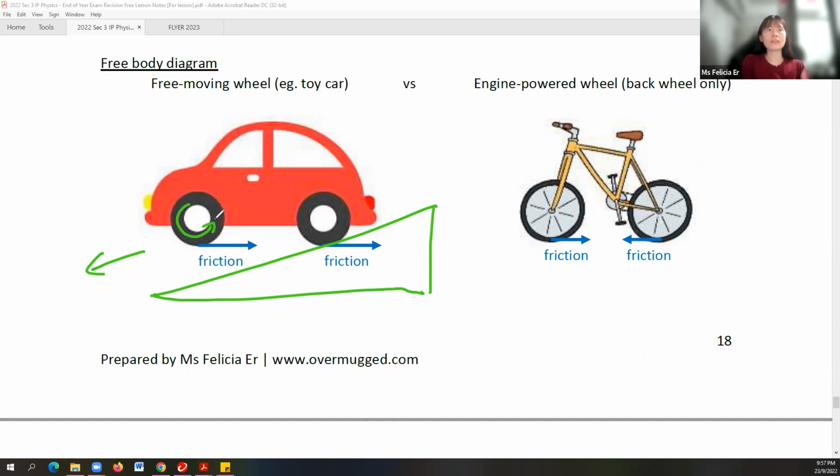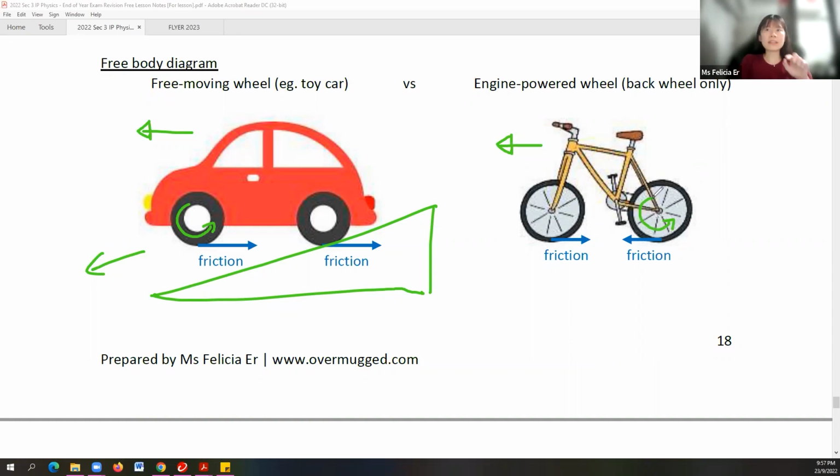So take note that for a free moving wheel, although it is the so-called norm, that if the car goes forward, friction opposes motion and points backwards, for engine power it is different. This time round, as you can tell, the bicycle is moving to the left. For the power wheel, that means the part where you pedal, the force that you exert on the pedal forces the wheel to turn in this direction so that you can move forward.